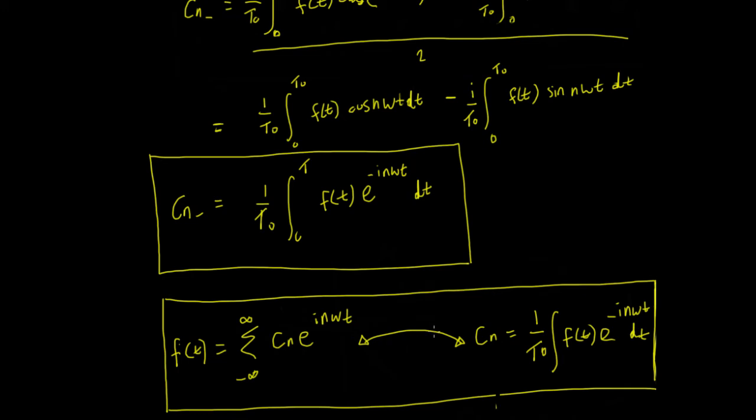Well, Cn can be found by, again, a dot product, and that's the dot product there, from 0 to say t0. Now that is what we started off with. We wanted to work out the complex form of our Fourier series. So that's the complex form of the Fourier series, and then we wanted to find out how we can create the dot product to find the value Cn. Well, that's the dot product there to find the value Cn.